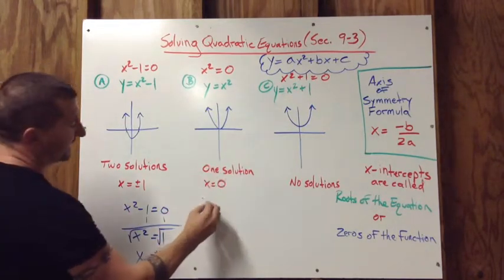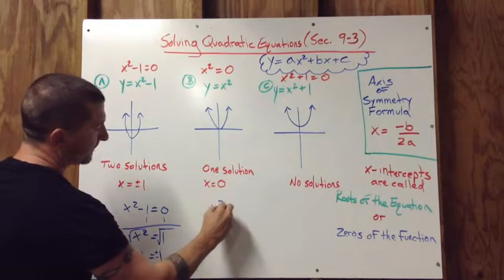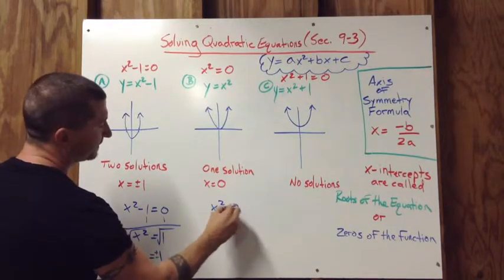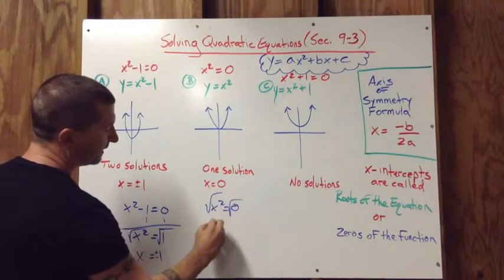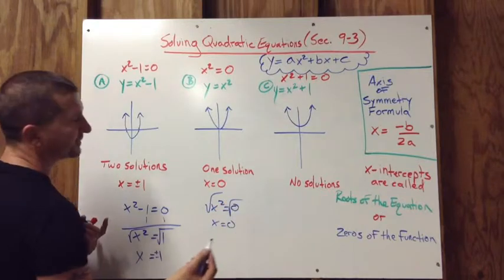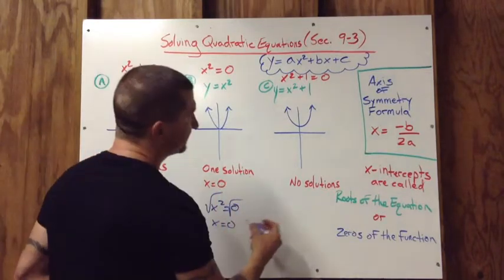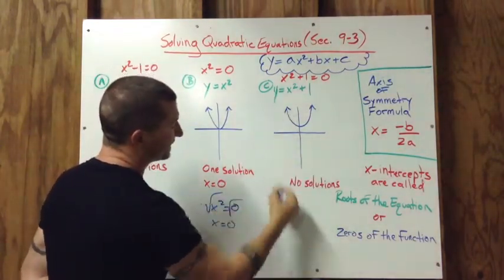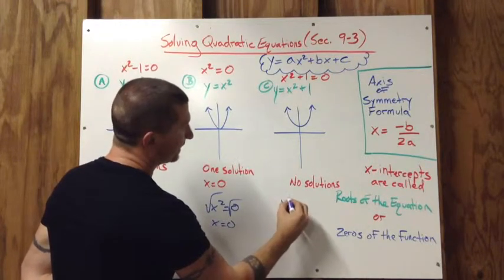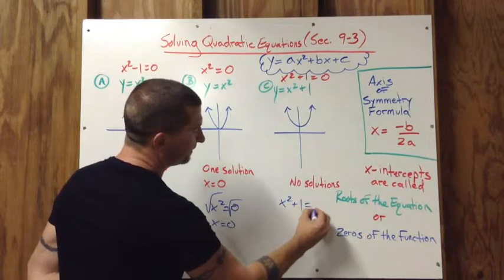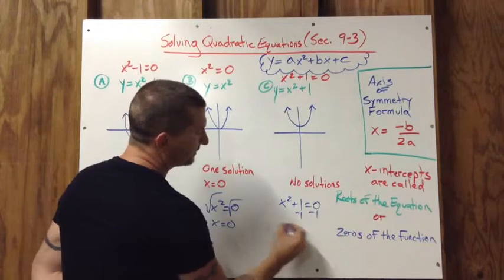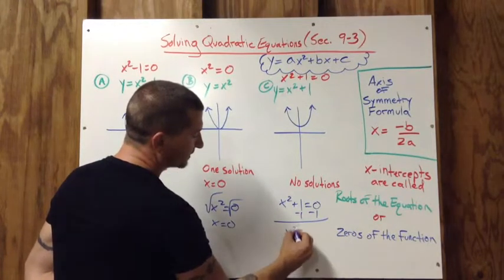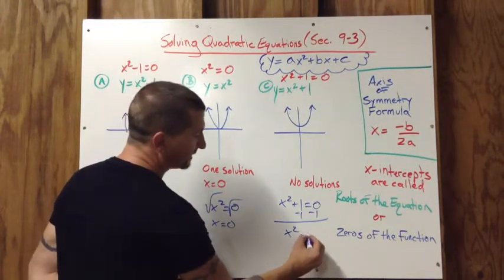Now over here we have x squared equals 0. If we took the square root here, we'd have x equals 0. There's just one solution. On this side, this third example, x squared plus 1 equals 0. When we subtract 1 from both sides, we're left with x squared equals negative 1.